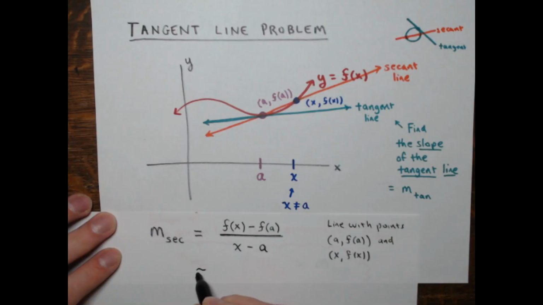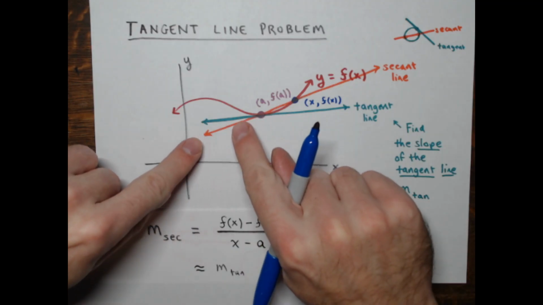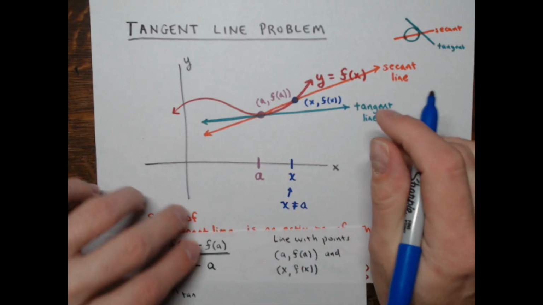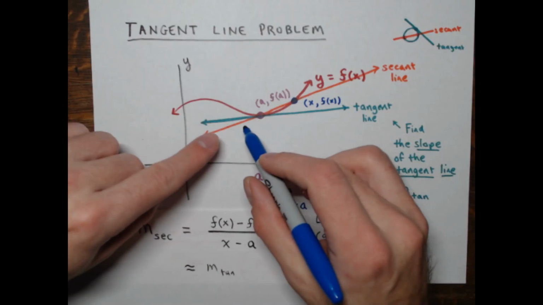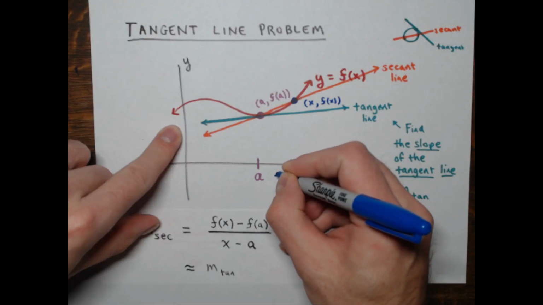And again, this should be approximately the same as the slope of our tangent line. And to get it to be better and better, because the line I have drawn here doesn't look that close to the tangent line, if I want my line to be a better approximation, I just move x towards a.